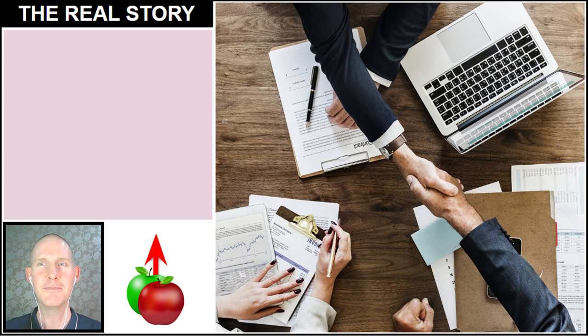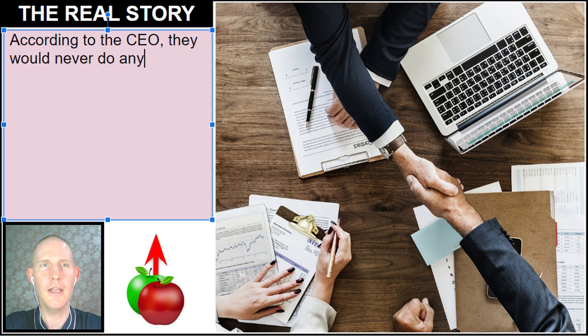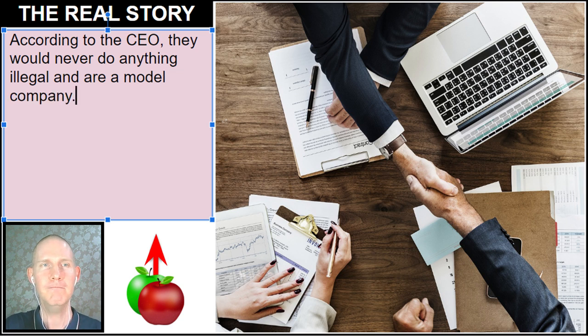All right, moving forward. According to the CEO, they would never do anything illegal and are a model company. A model company means like a very respected company that is very well behaved. They follow the laws. They only do good things.